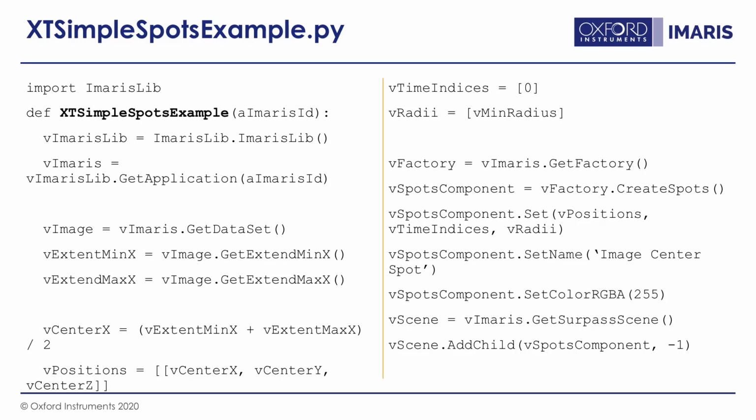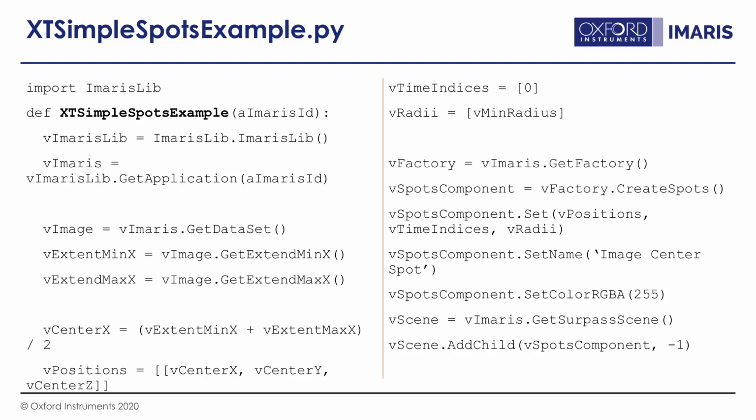Every Imaris application, when started, gets an ID, typically starting from 0. A second instance would get application ID 1. And this ID can be used to identify a specific Imaris instance running. If you launch an extension from Imaris, the ID will automatically be set correctly.